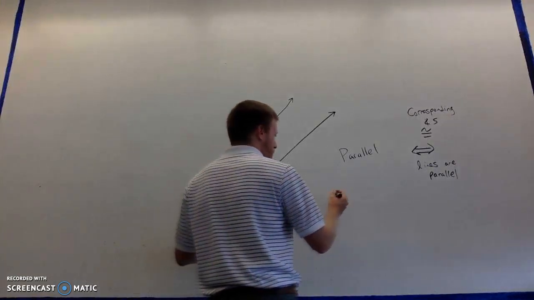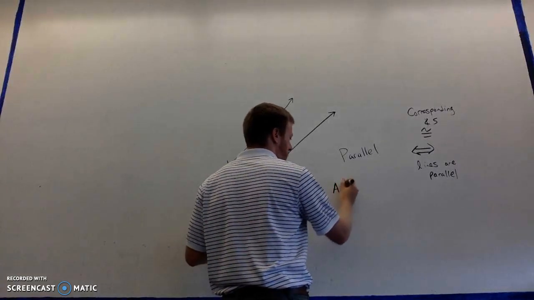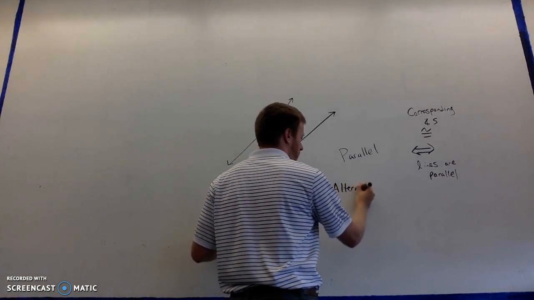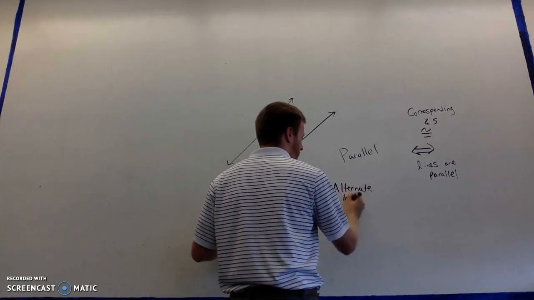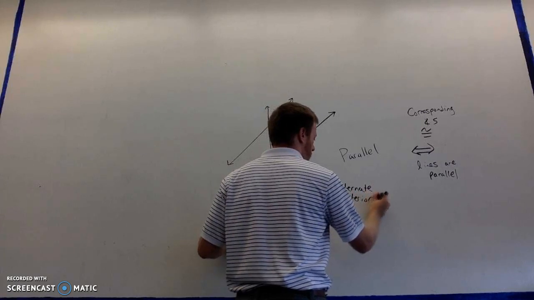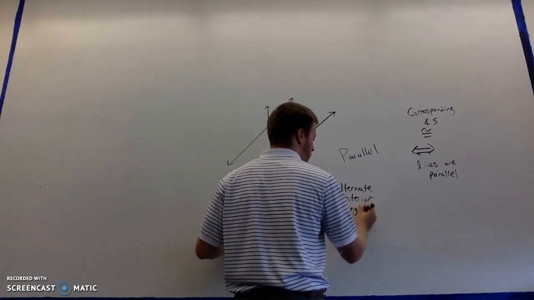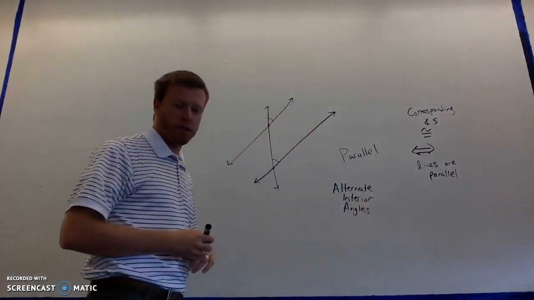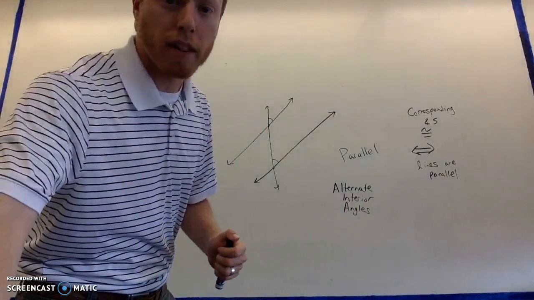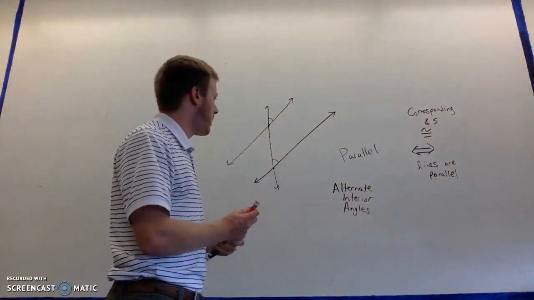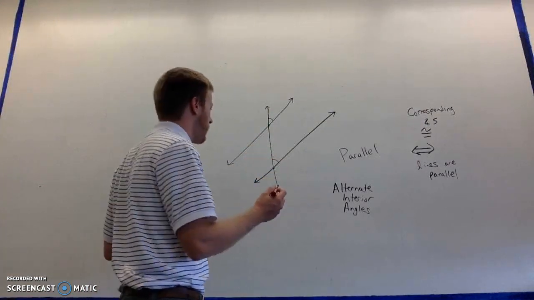Similarly, you could also use alternate interior angles. Okay, so let's identify a set of alternate interior angles. We've got the black ones right here. These are the corresponding angles. Alternate interior angles, okay?